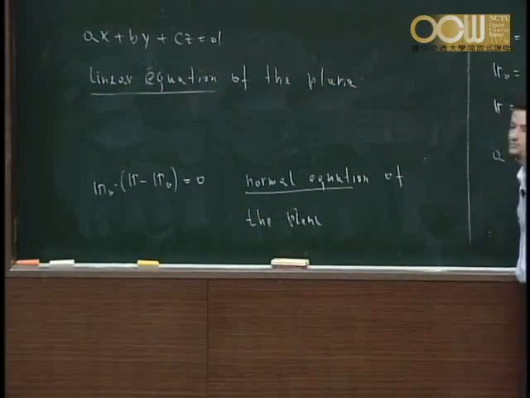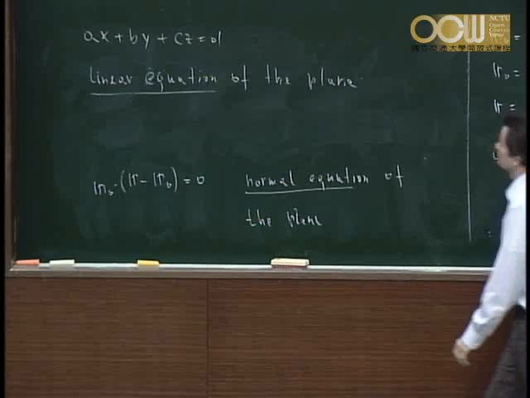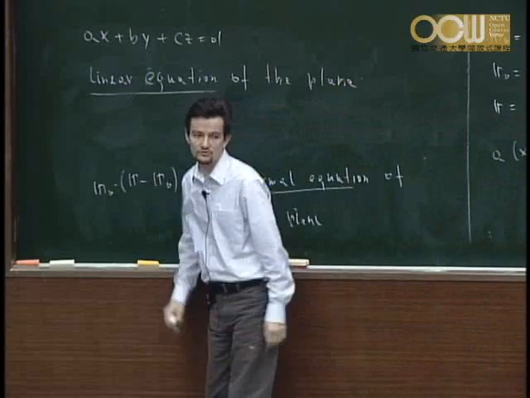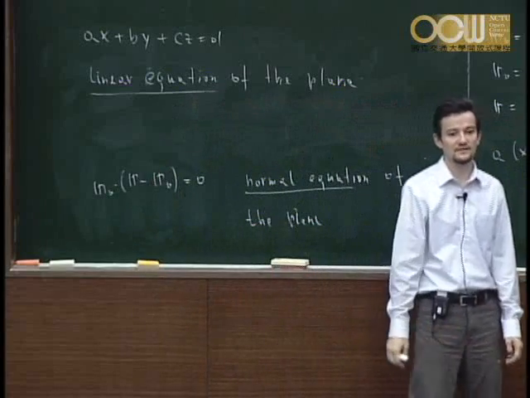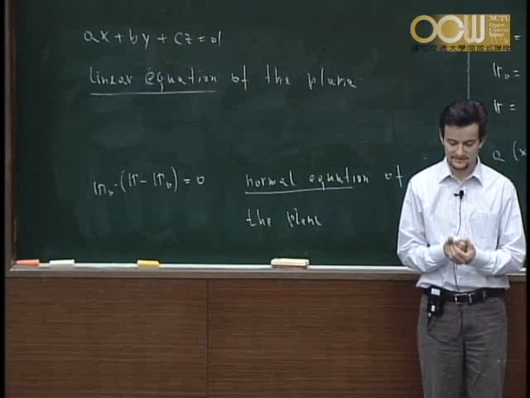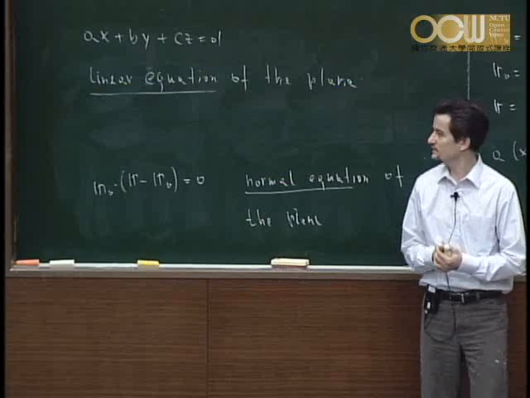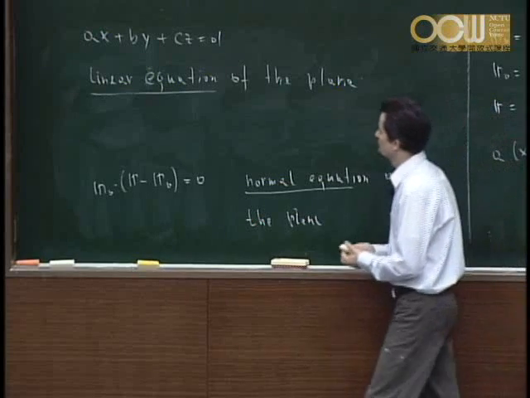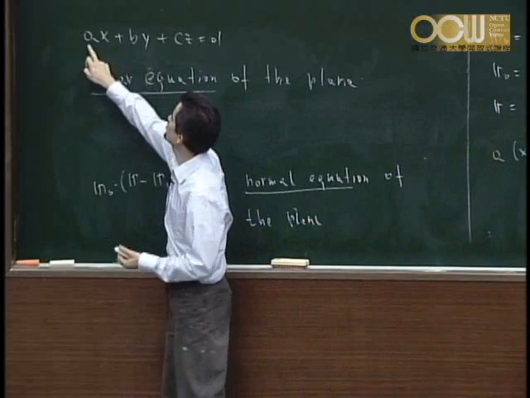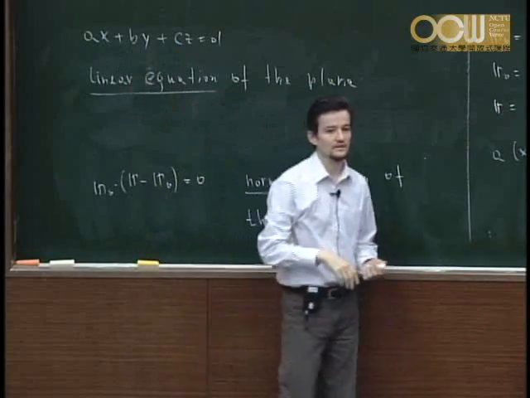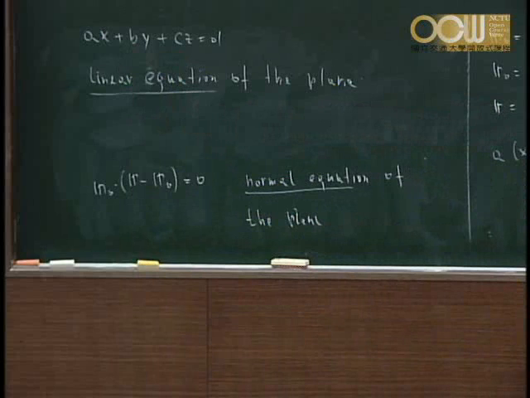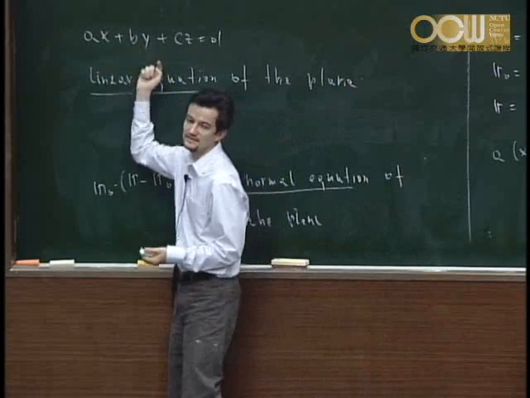So we have again three different ways in order to give a plane, either by a normal equation, or by the scalar equation, or by the linear equation. This is the one which we will use most frequently. And our textbook says that it can be proved that whenever the vector with coordinates a, b, c is not a 0 vector, then this equation indeed describes a plane.